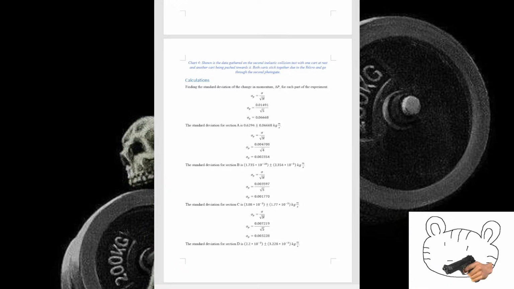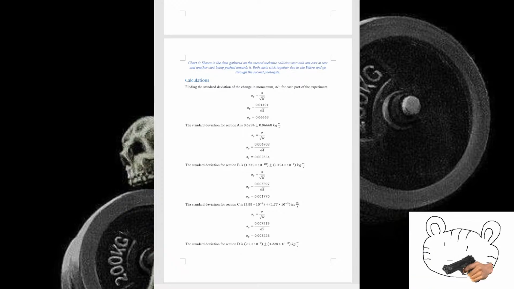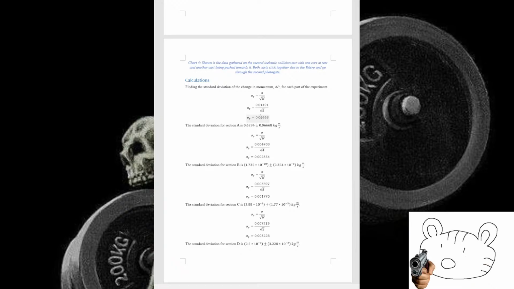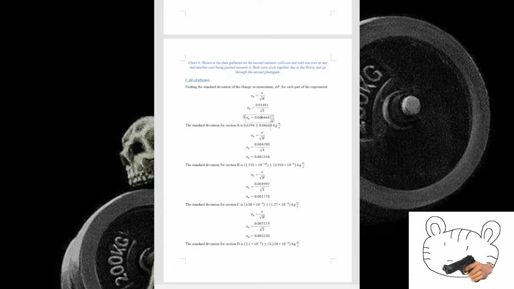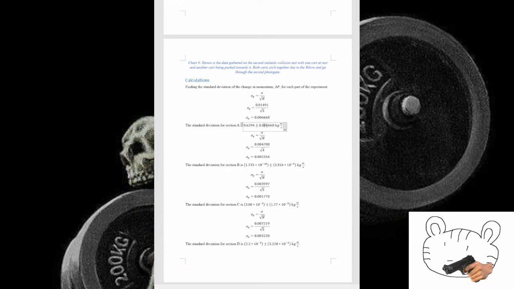0.01491 divided by the square root. Yeah, 0.00. There we go. Alright, this is going into scientific notation.